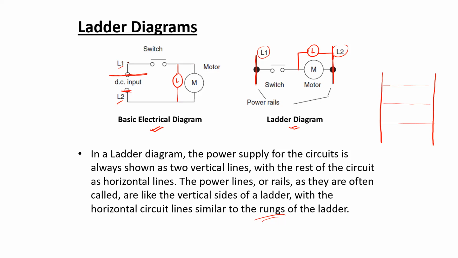If there are multiple branches, suppose another resistor, let's say, which is driving another motor 2, then that can also be represented in between the vertical lines, such as this that I am drawing over here. So the whole circuit representation can be converted into an analogous ladder diagram representation.